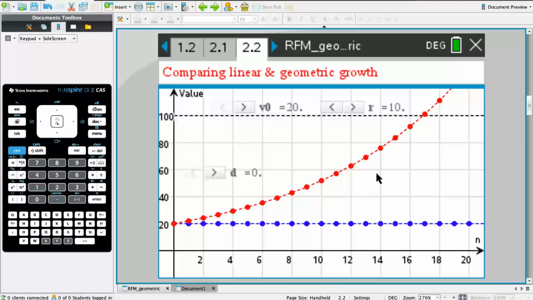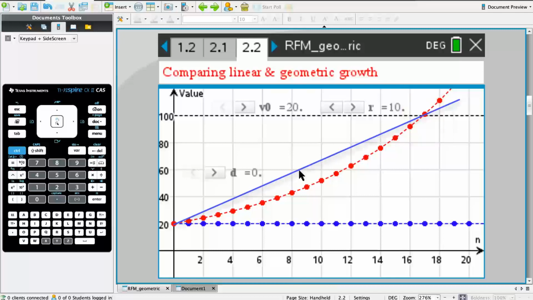Okay, so just to show that this works, we could say, well, let's say you had a linear model, and it did grow by the same amount each year. So not a geometric model, a linear model. What would we do? Well, I guess what we're trying to do is work out the straight line that would allow it to get from 20 centimetres in height to 100 centimetres in height, but maintain this linear shape.